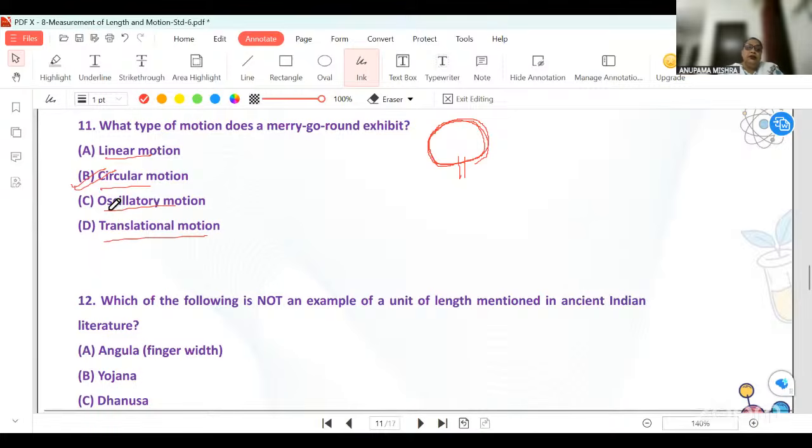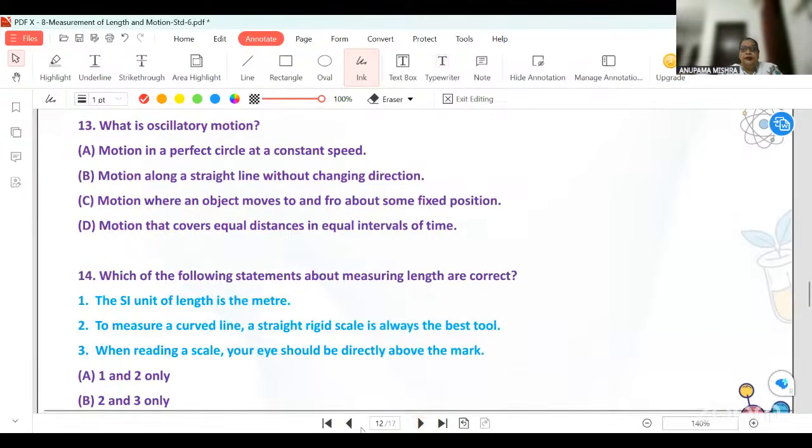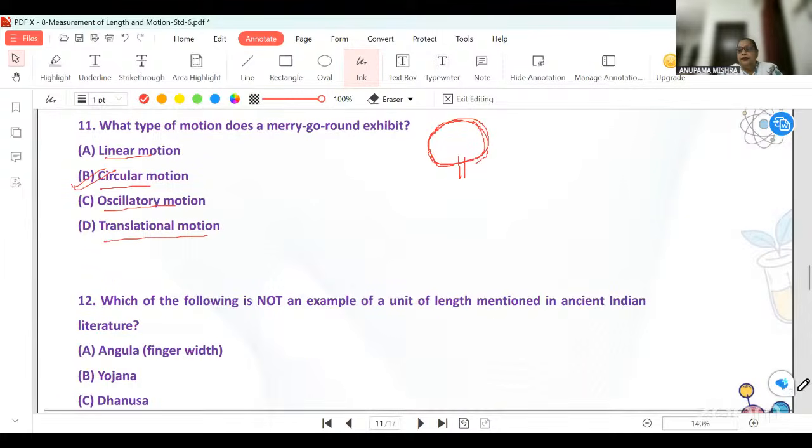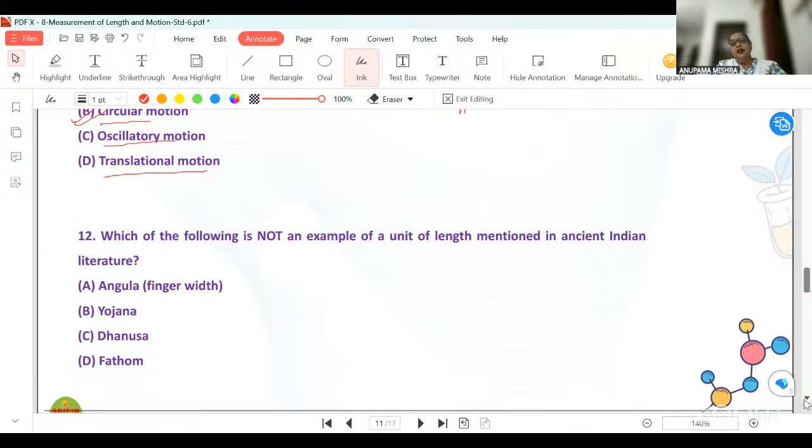Now, next one. Which of the following is not an example of a unit of length mentioned in ancient Indian literature? I want answers from everyone and they should be correct. Angula, Yojana, Dhanush, Fathom.